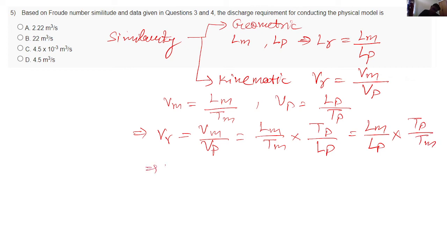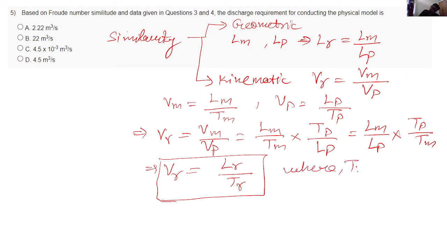So this implies that the velocity scale ratio is nothing but the length scale ratio times the time scale ratio, where the time scale ratio, as was not illustrated earlier, is nothing but the ratio of the time taken by the model to that of the prototype.